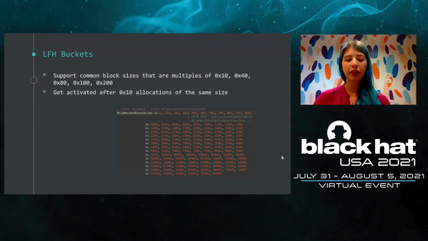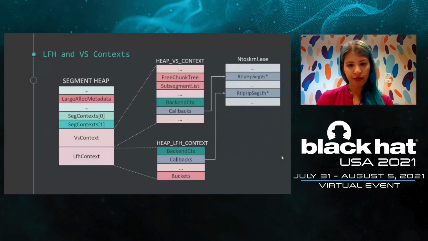Only after 16 allocations, the code will say, okay, there are enough pool blocks of that size, and will activate this LFH bucket and create an LFH subsegment for block size 20 bytes. But you will still see a few blocks that were allocated before the bucket was activated, so you can still see them in VS blocks.